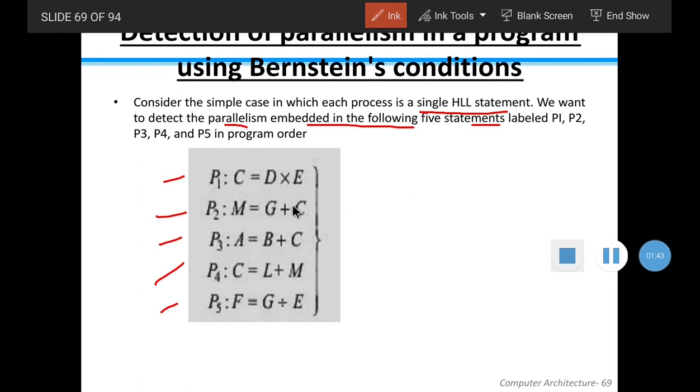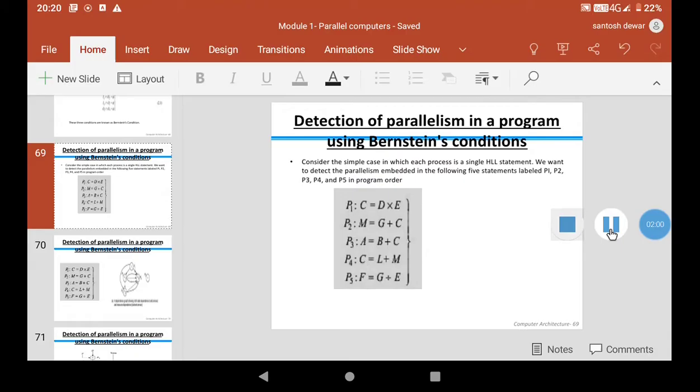Each one is called a process right now, and we are trying to execute them in parallel. Before that, we have to detect parallelism. Let us see how we will detect the parallelism.